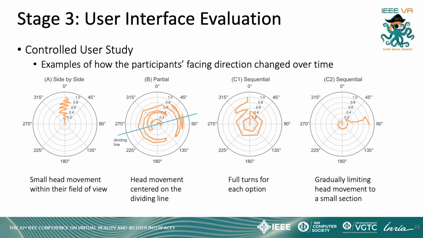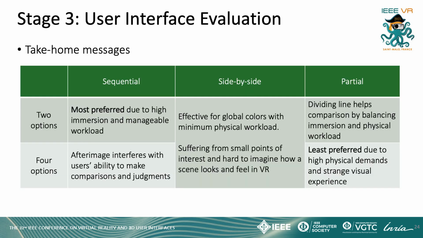For sequential mode, users either made full turns for each option or gradually limited head movement to a small section. In summary, the sequential mode with 2 options is the most preferred, and the partial with 4 options is the least preferred.